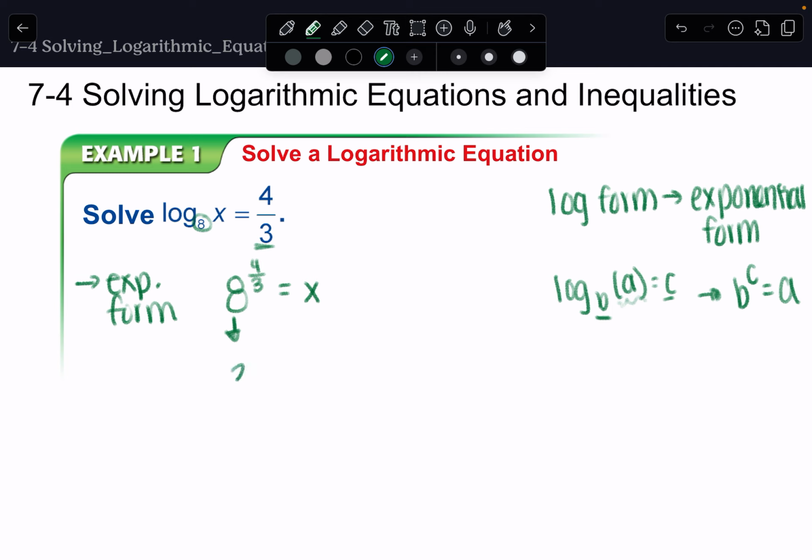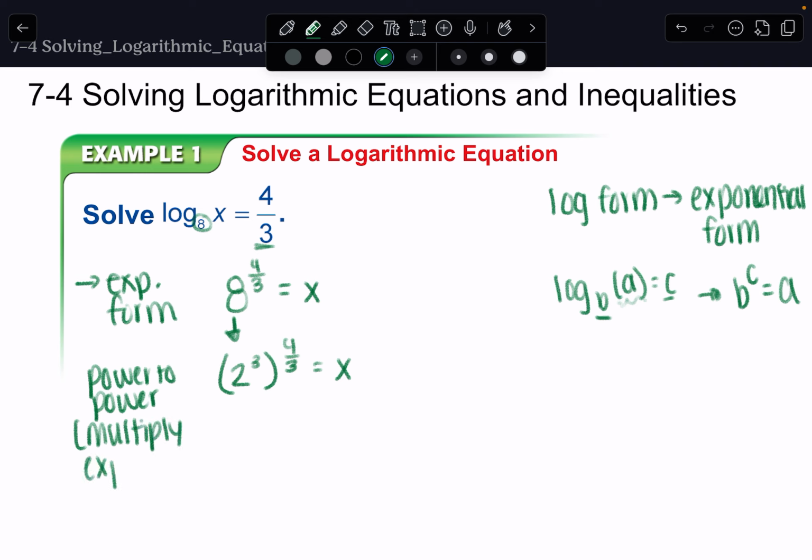So I can change just the 8 part to 2 to the third power. The reason I would do that is your power to a power rule states that you would multiply your exponents.